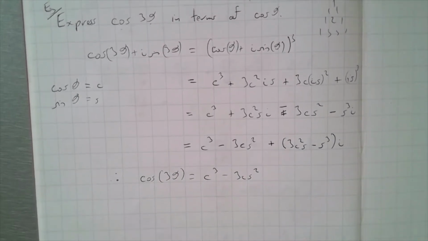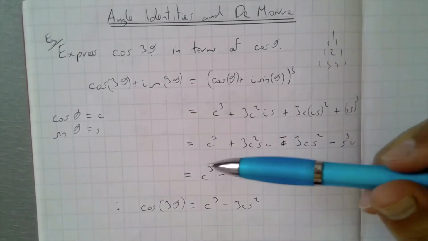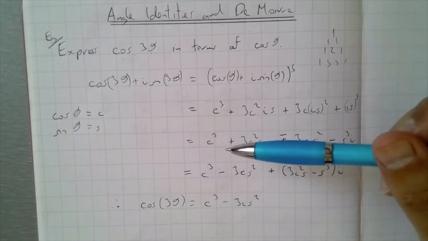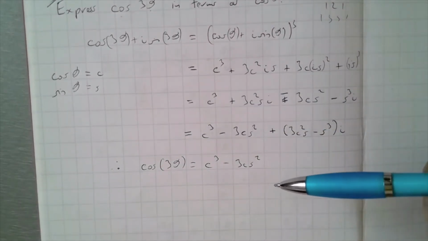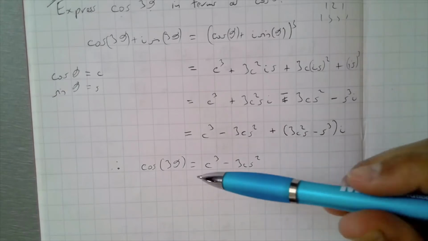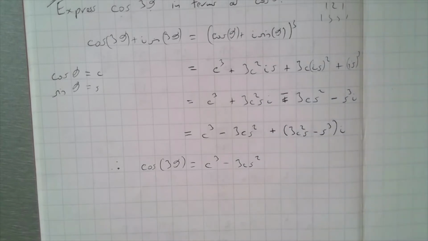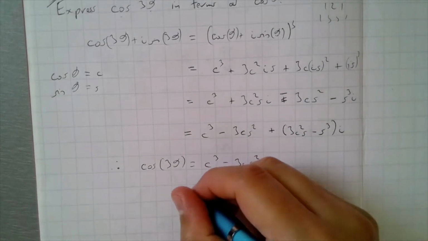However, the question said explicitly to put cos 3 theta in terms of cosines. Now at this point I would probably start swapping back to cosines and sines in full as opposed to C's and S's. The C's and S's are useful particularly for the binomial expansion bit. So what have we got?